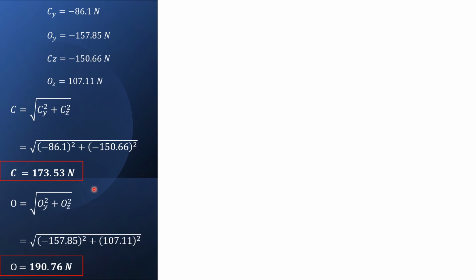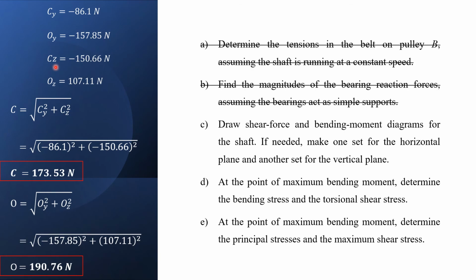The same thing we do for O. O is equal to square root of Oy squared plus Oz squared. We plug everything in and we obtain the value for O is 190.76 Newton. And we are done with part B.